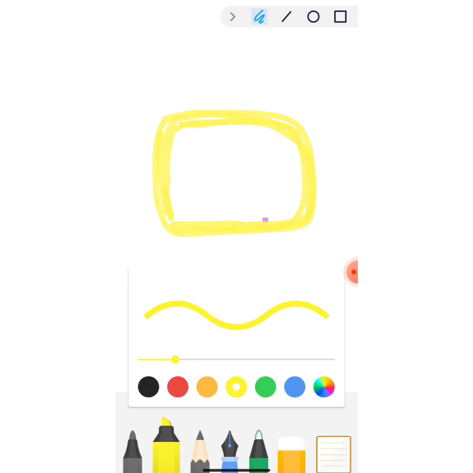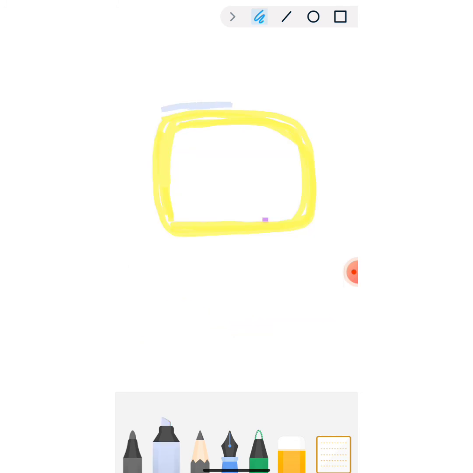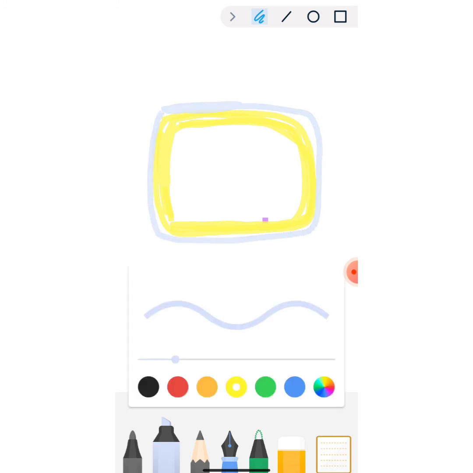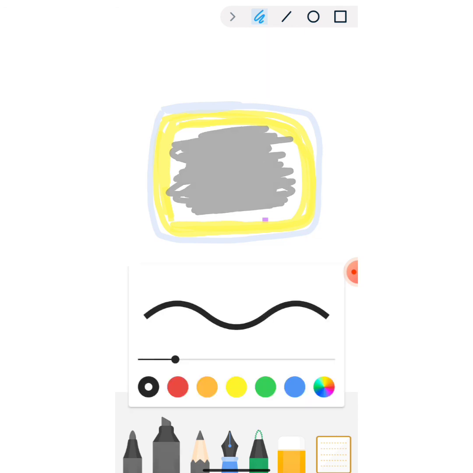Then let's say this is the enamel, then there will be the pulp chamber, which is grey. The floor is grey, and the orifices are black.